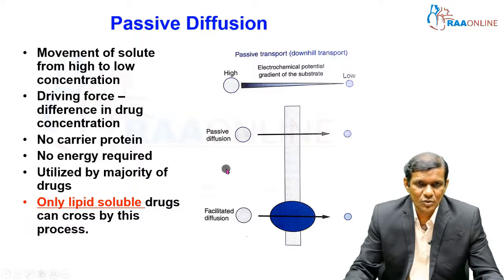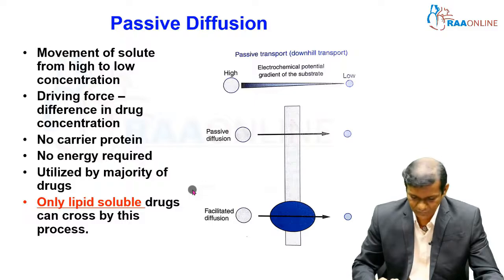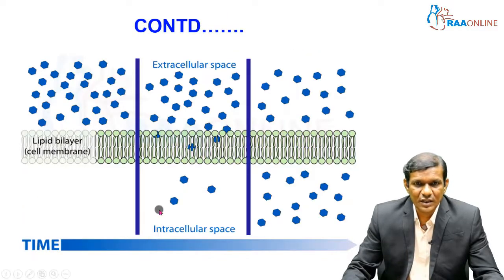There is no carrier protein required, no energy required. Basically only lipid soluble drugs can cross by this process. It moves from high concentration to lower concentration. As time moves, from the extracellular space it starts moving through the lipid bilayer, and after a period of time the intracellular concentration also increases, and finally it reaches equilibrium.